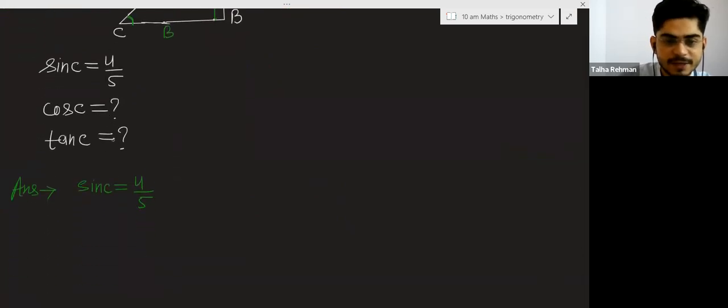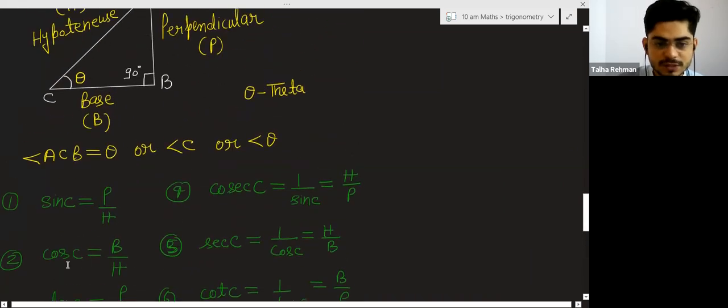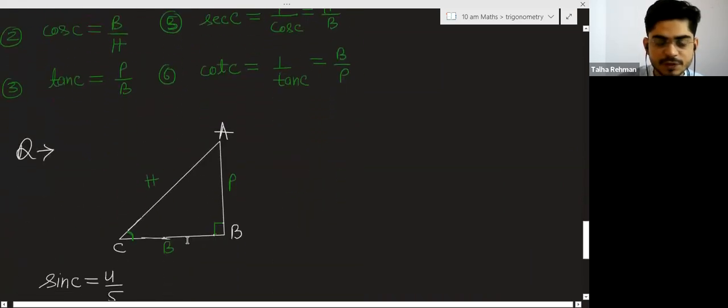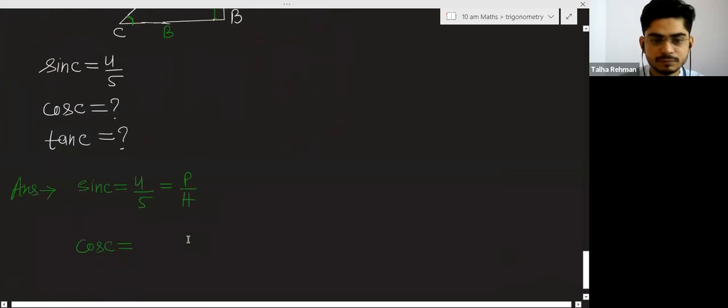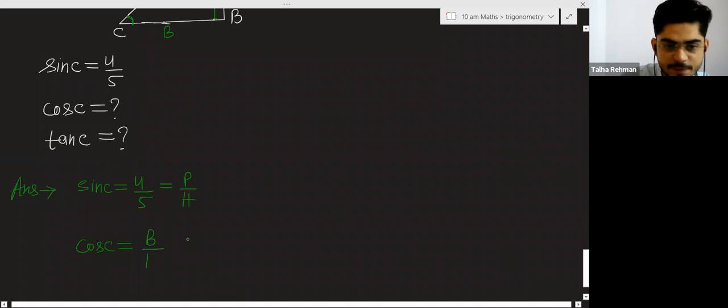So I will write here perpendicular divided by hypotenuse, and we have to find the cos C. What is cos C? See here, cos C is base divided by hypotenuse.